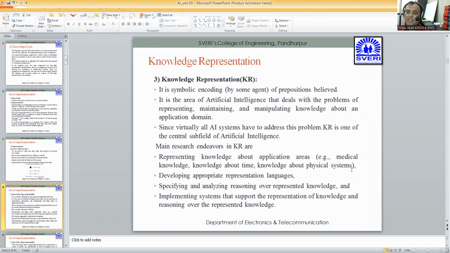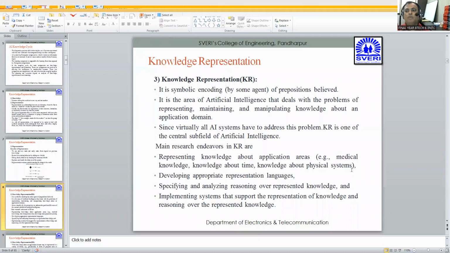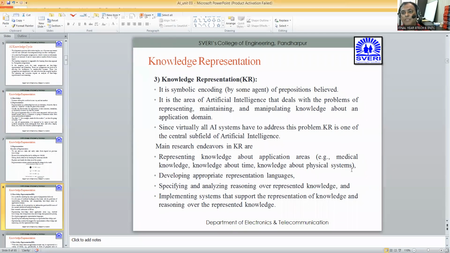See, there are things in this. First is your knowledge. Second is the representation. Third is the knowledge representation. And the fourth one is reasoning over the represented knowledge. These four things will come together and all are dependent on each other, because unless and until I have knowledge, I cannot move.